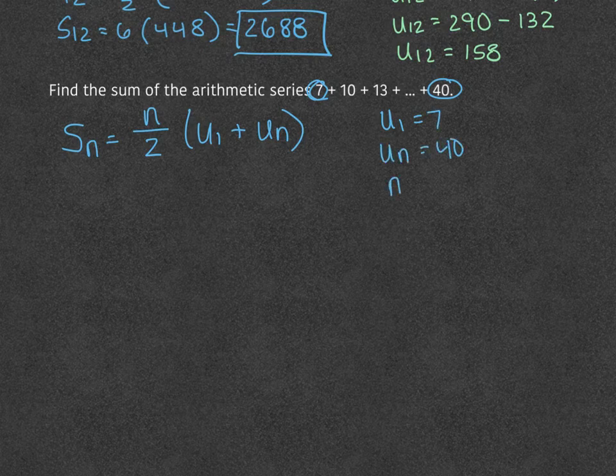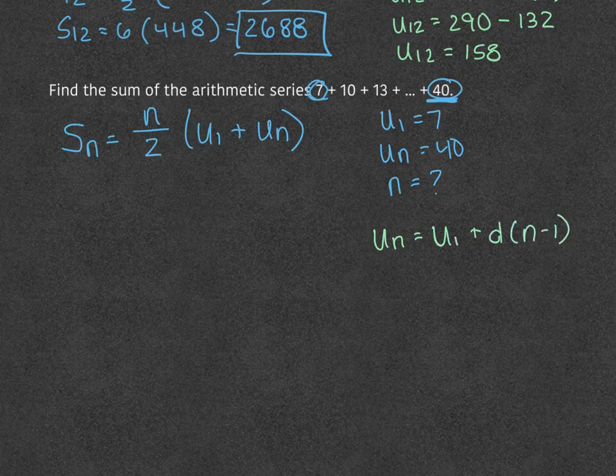What I don't know yet is how many terms there actually are. So we're going to have to figure out what term 40 is equal to. To do that, again, we're going to use what we know about arithmetic sequences. So we know u sub n is u1 plus d times n minus 1. I know that this is 40.